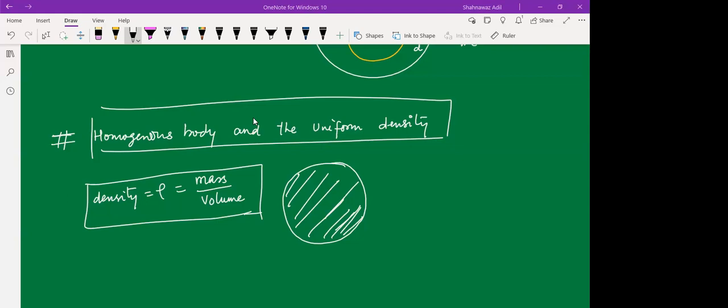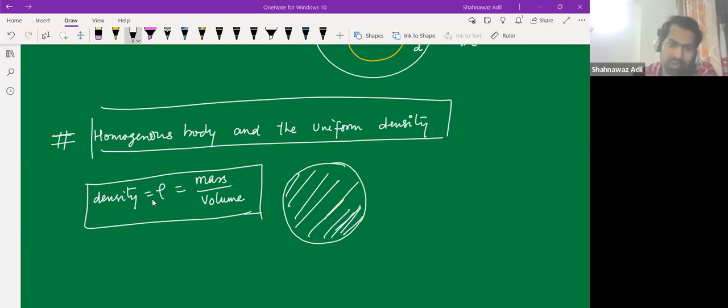Yes, sir. Good. So density is mass by volume, right? And if I am saying that the density is uniform, so whatever density I am taking at this point, that density would be equal to whatever density I am taking from here, right?